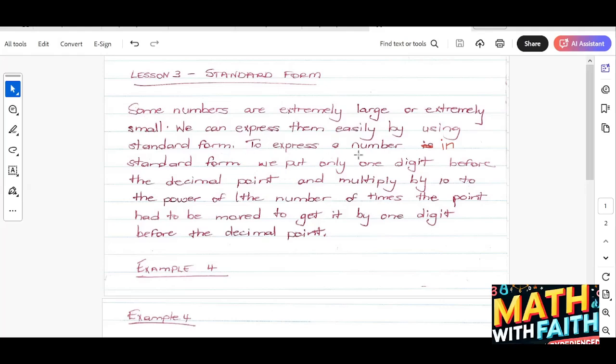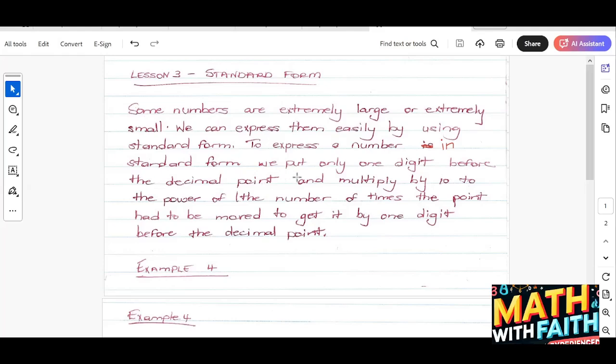To express a number in standard form, we put only one digit before the decimal point. That would require us to move the decimal. If it's 500 million, we have to move that decimal point 8 times to the left, so that we have 5 point something.